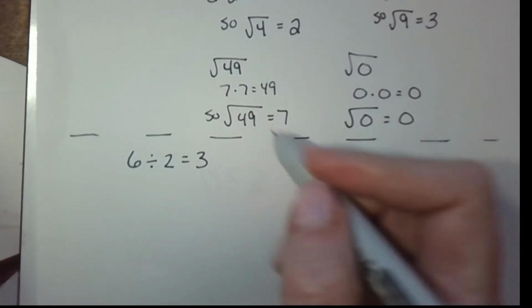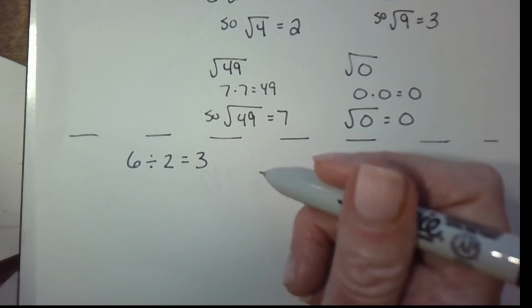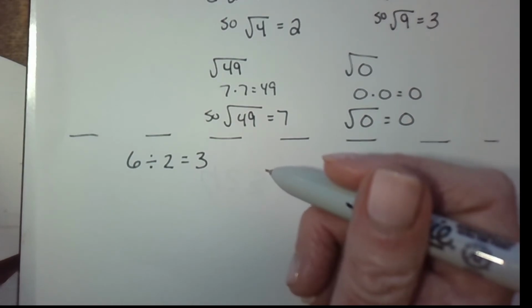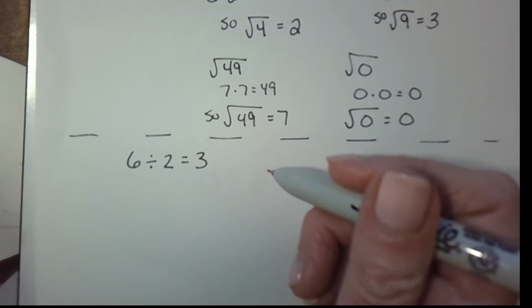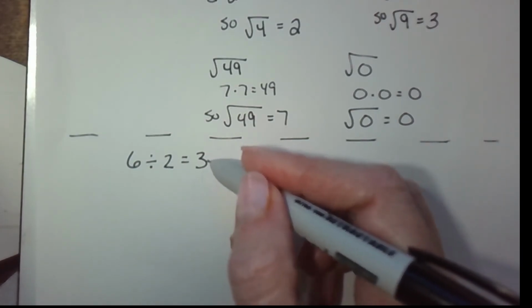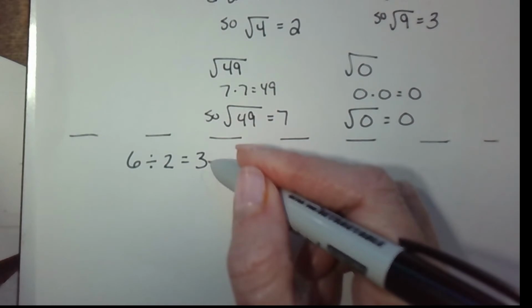Six divided by 2 equals 3. Okay, this is a fact. We know this. Well, what does that have to do with 0, you may wonder. Let's just look at the rule for division and see how this goes.